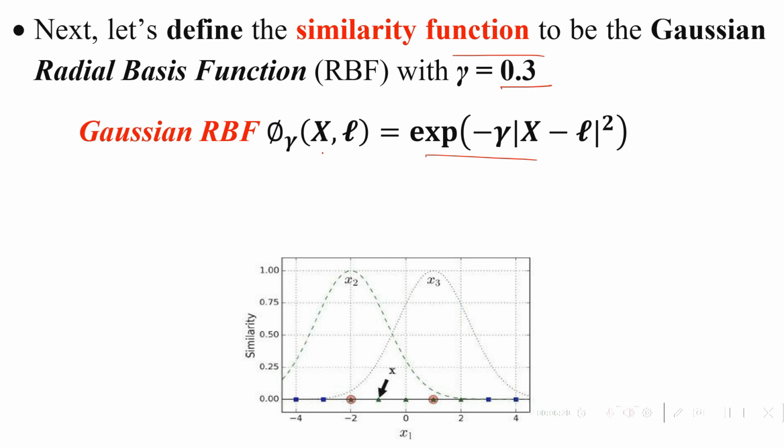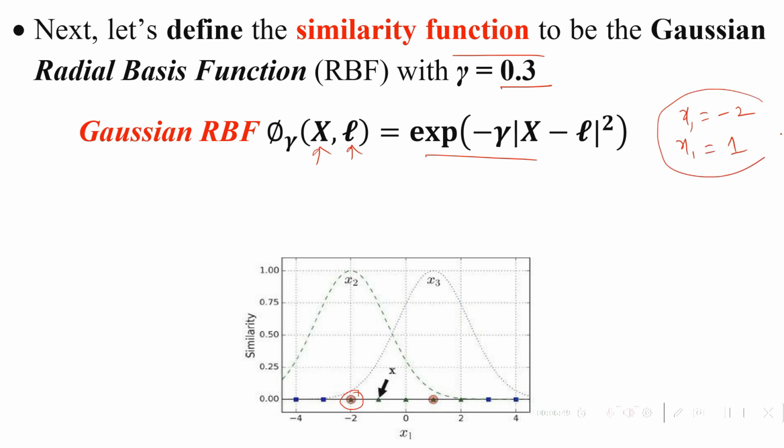Here x is nothing but your new point, and l is nothing but your landmarks. Here there are two landmarks. One is landmark x1 equal to minus 2, and the other landmark is equal to 1.